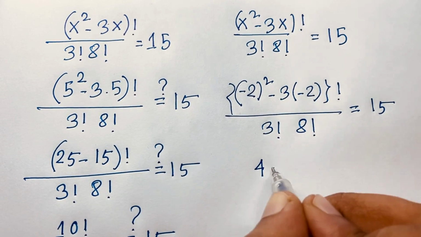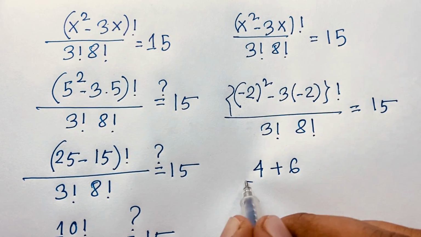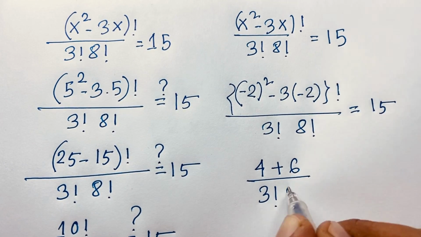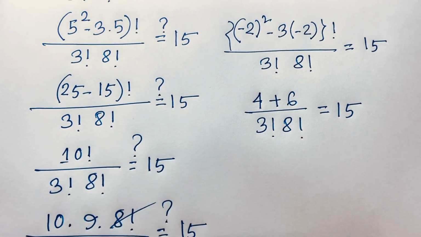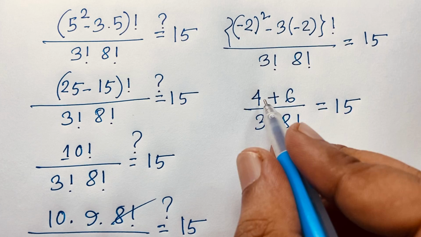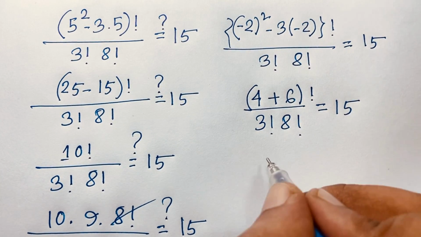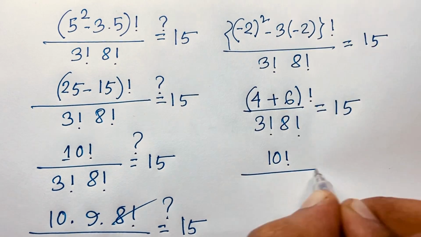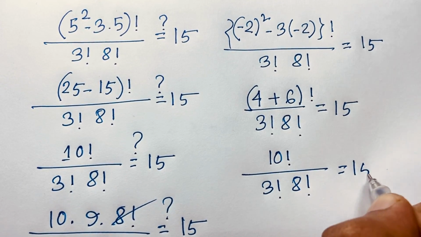So it will be 4 plus, minus times minus is plus, and 3 times 2 is 6. Then 4 plus 6 is 10!, over 3! 8! is equal to 15.